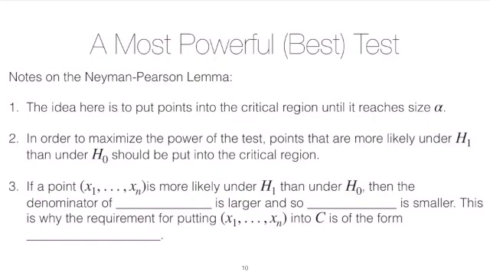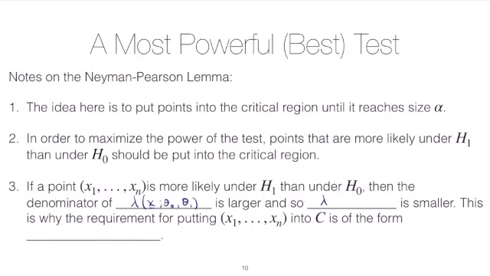And if you think about how this is working, if you have a sample that is more likely under the alternative than under the null, then the denominator of what we called lambda, that likelihood ratio, is larger, and so that lambda is smaller.